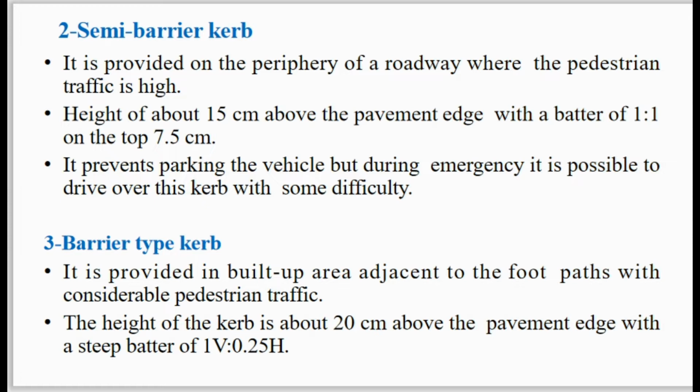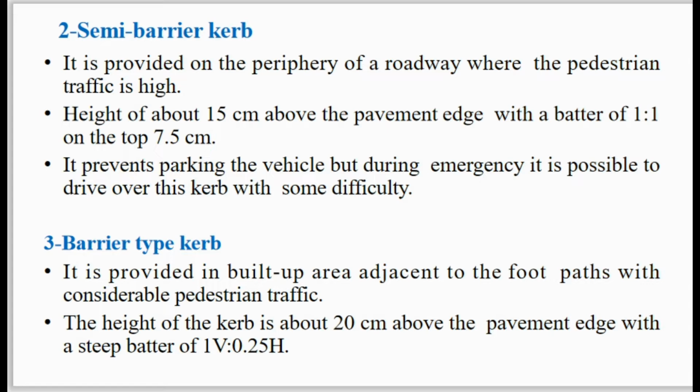It actually prevents the parking of vehicles, but during an emergency it is possible to drive over this curb with some difficulty. That means it avoids the undue parking of vehicles onto the shoulder area by restricting its easy climbing onto the curb and then onto the shoulder area.